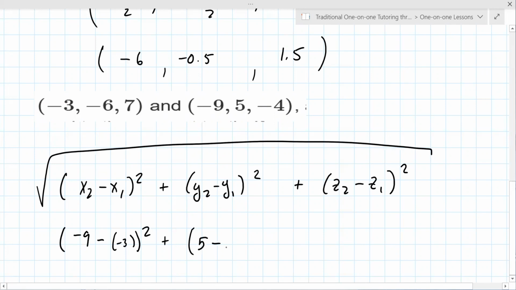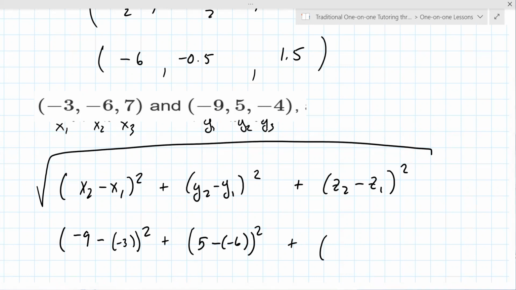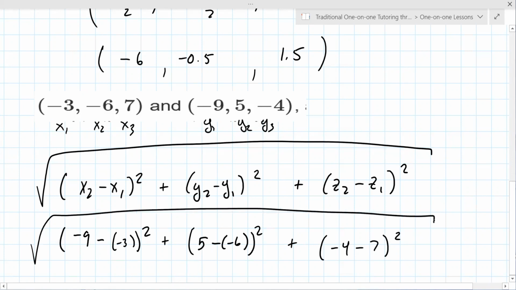So it's 5 minus a minus 6. It'll subtract, it'll square, plus, and you see where I'm getting the numbers, x1, x2, y1, y2, z1, z2. Yes. And then the last one is -4 minus 7 squared, square rooted, like that. And you could do like we did and try to figure out what the number is and then square it, or you can let the calculator do this for you. Okay.